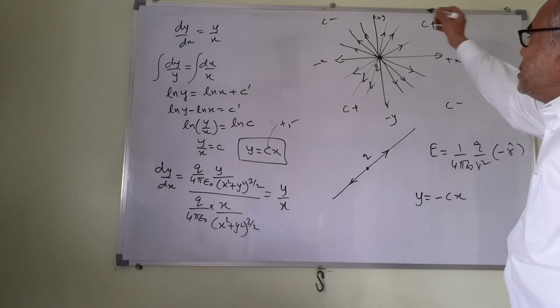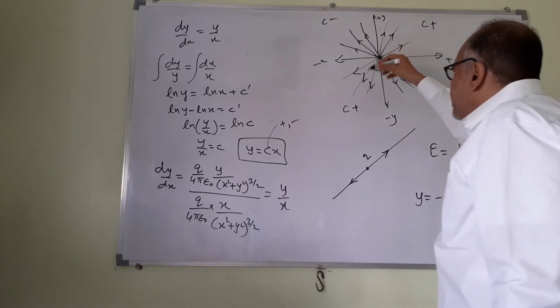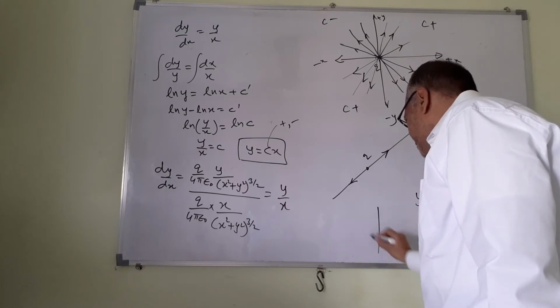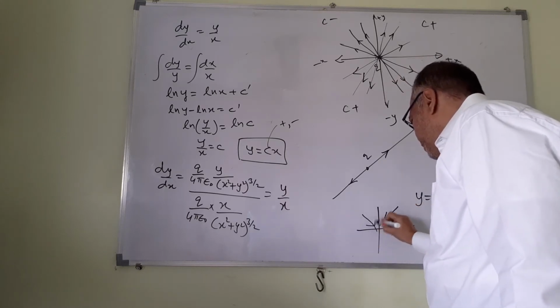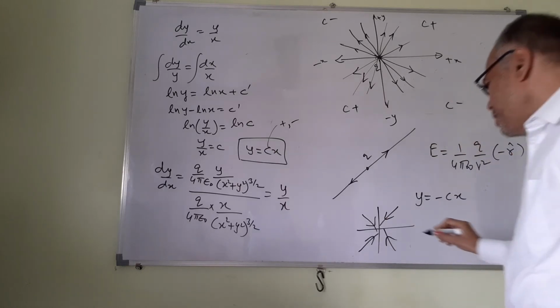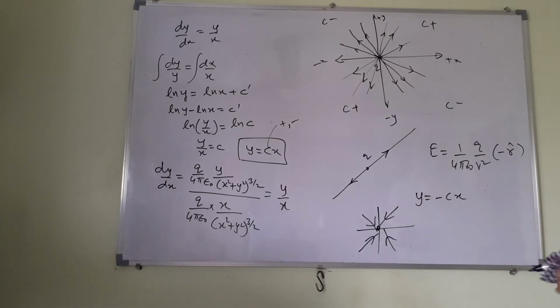So the lines of force will form the same pattern, but the direction is going to be radially inward now, and it will be discontinuous at the location of the negative charge.